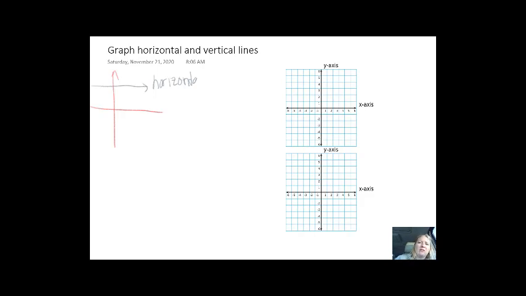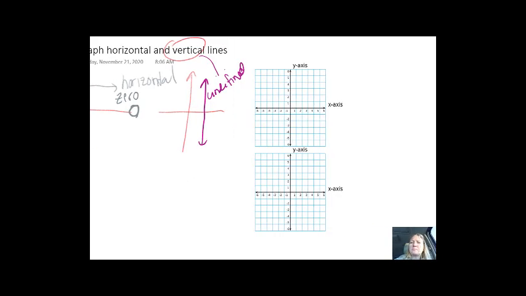And a vertical line has a slope of undefined. It's also called vertical. So vertical is undefined. Horizontal is 0 slope, or you can just write the number 0 instead of the words 0 slope. So we're going to look at how to do this.